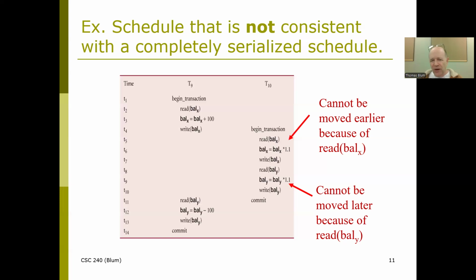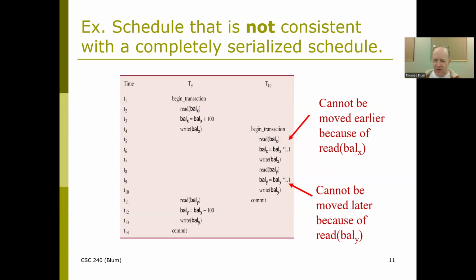But during the time at which the interest calculating and paying the interest was done, there seems to be an extra $100 in the account. So this is not serializable.